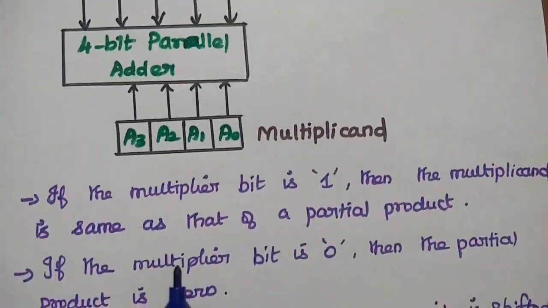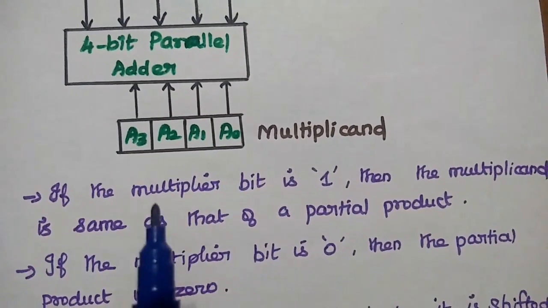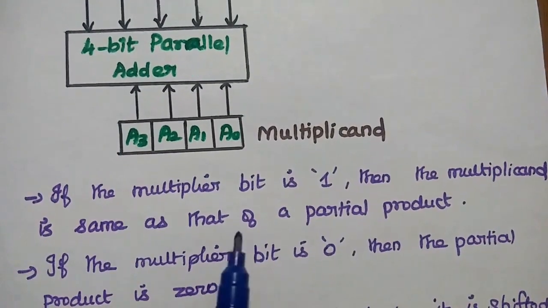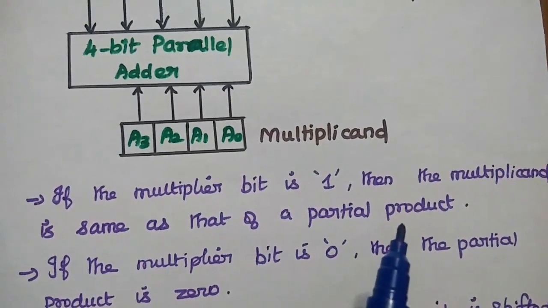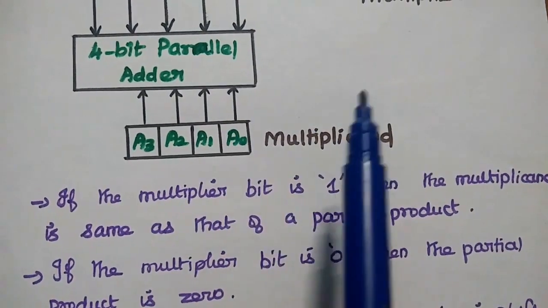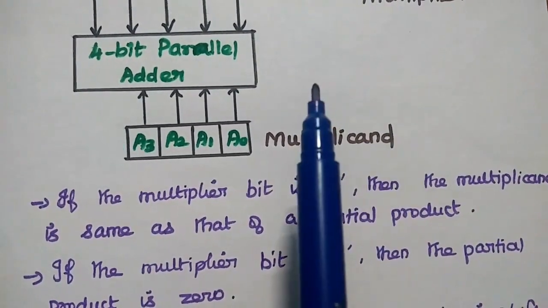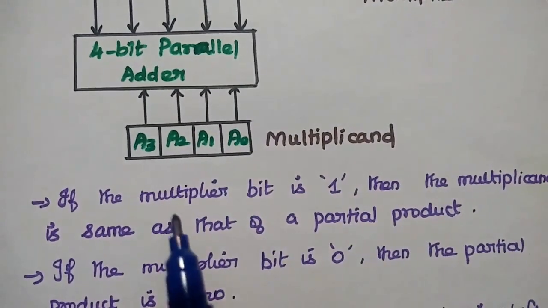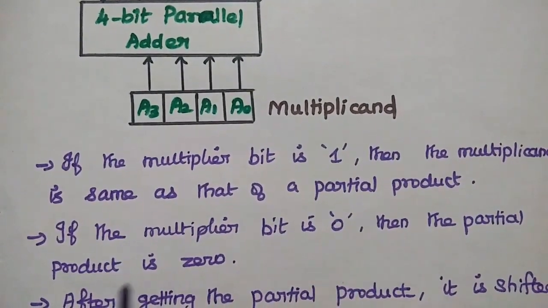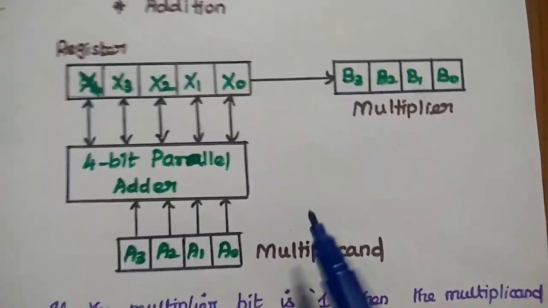As we know, if the multiplier bit is 1, then the multiplicand is the same as the partial product. Correct? If the multiplier bit is 0, then the partial product is 0. Do you all remember this?